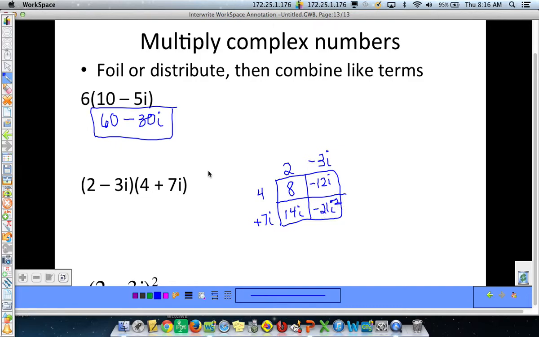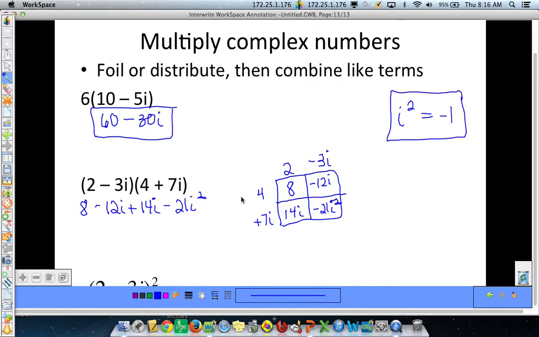So if you write out your terms, you have 8 minus 12i plus 14i minus 21i squared. Now we want to simplify this more. You need to remember that i squared is equal to negative 1. So whenever you see an i squared, we want to simplify that term more. Negative 21 times i squared would be negative 21 times negative 1.